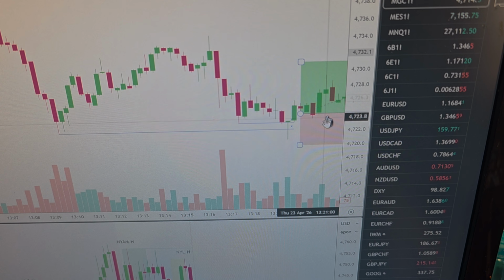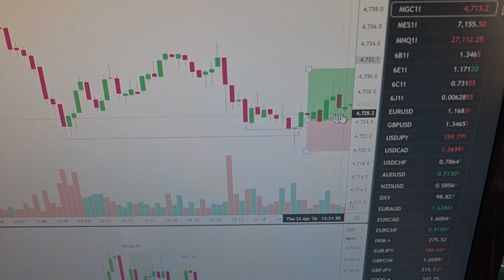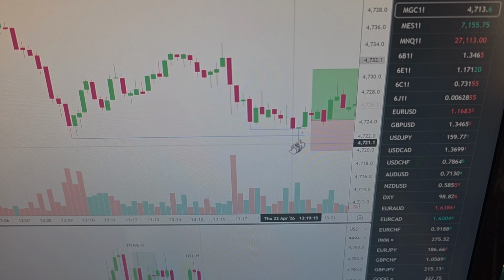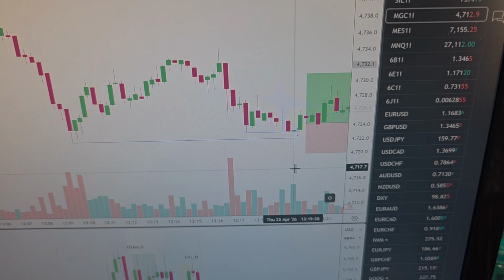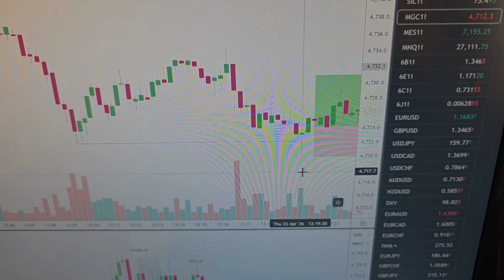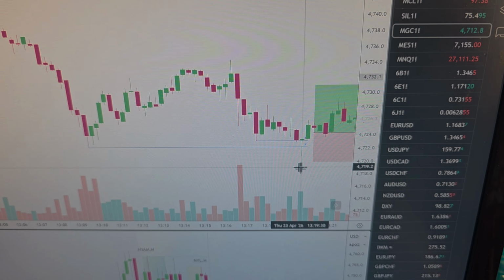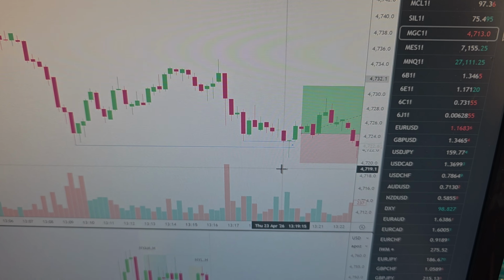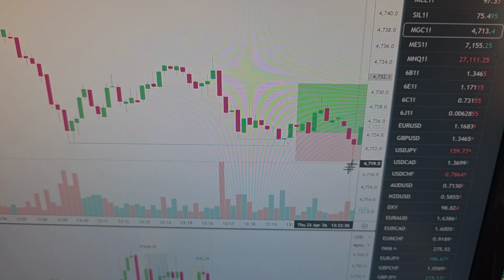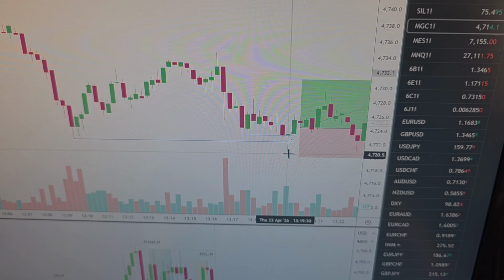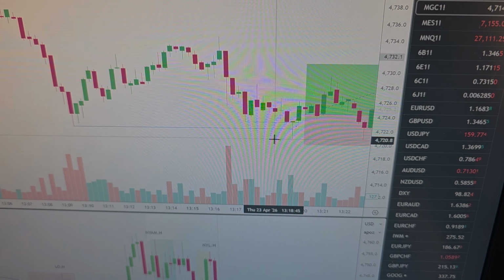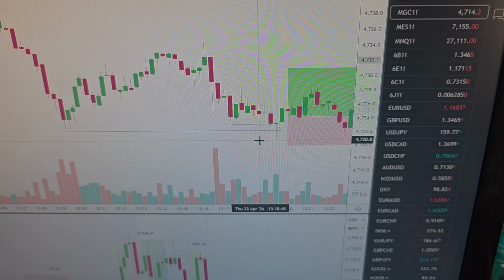And then at this point I had a decision to make. Do I put it to break even, or do I leave it alone? I know for our long-term trading plan, we want to leave it alone. So I don't touch it, even though it comes down to here. Almost coming to our stop, but not quite.